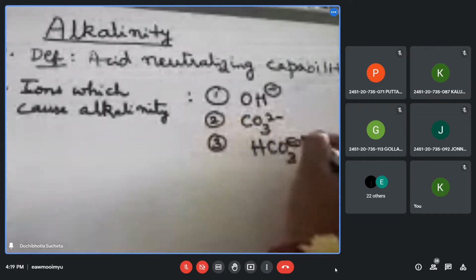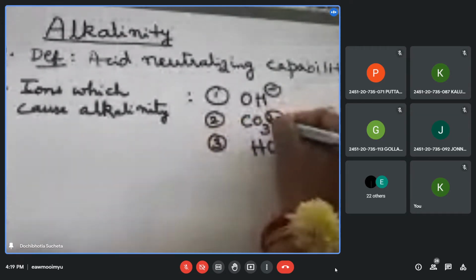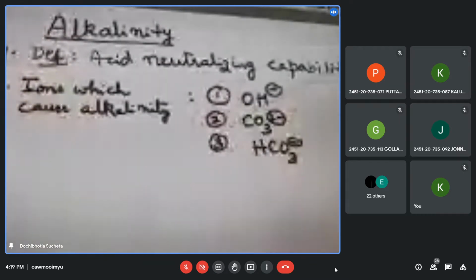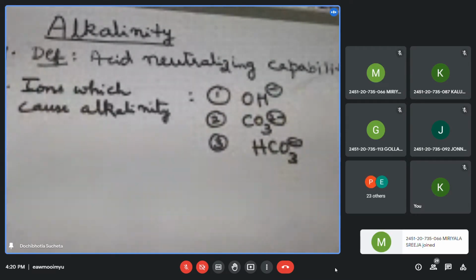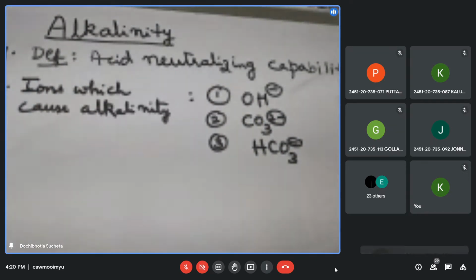These are the ions which contribute to alkalinity to a major extent. Apart from that, silicates, borates, phosphates also contribute to alkalinity.